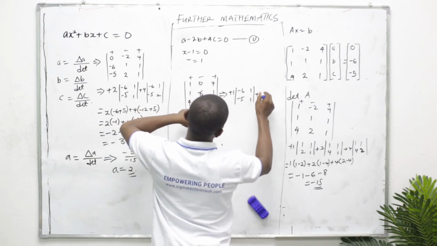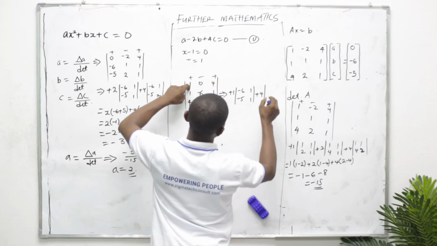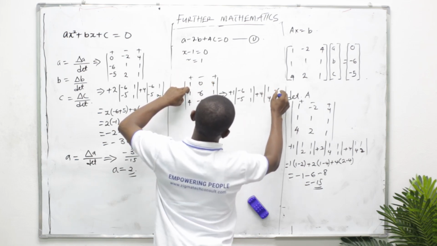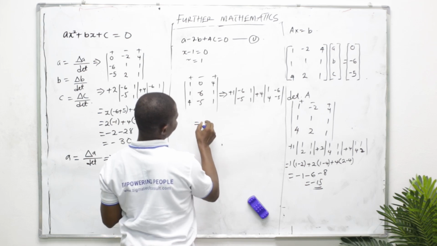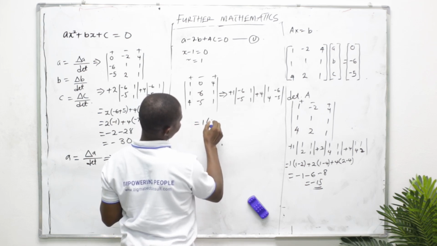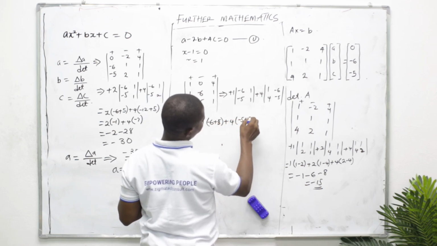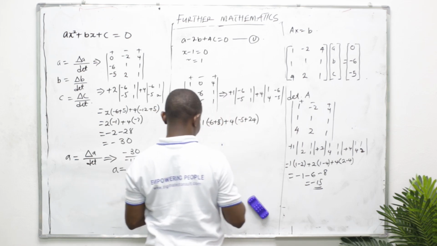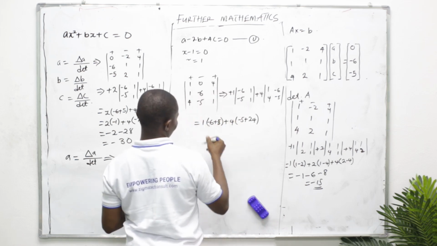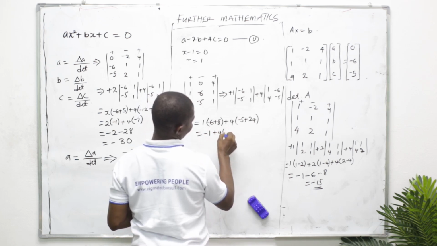I'm jumping this because 0 will not produce anything. So this 1, 4, minus 6, minus 5. So we'll have 1 into minus 6 plus 5, plus 4 into minus 5 plus 24. This is minus 1 plus 4.